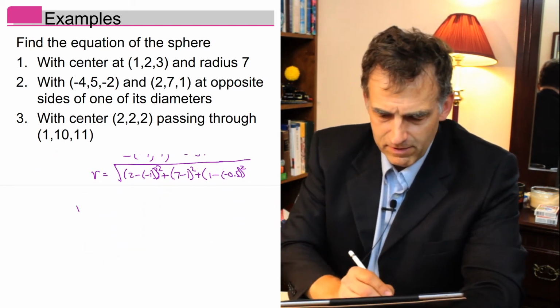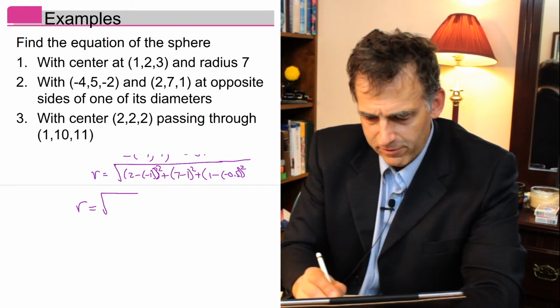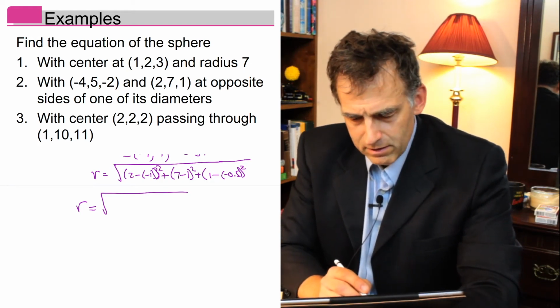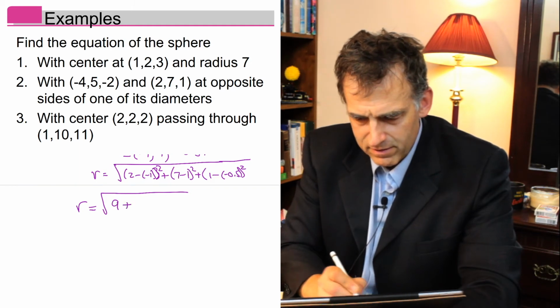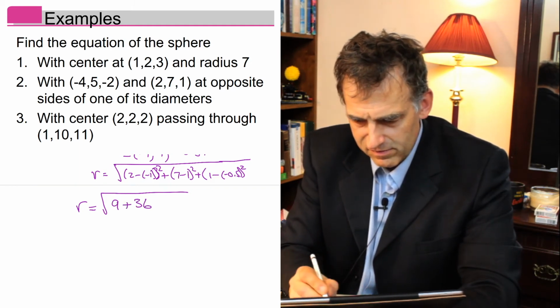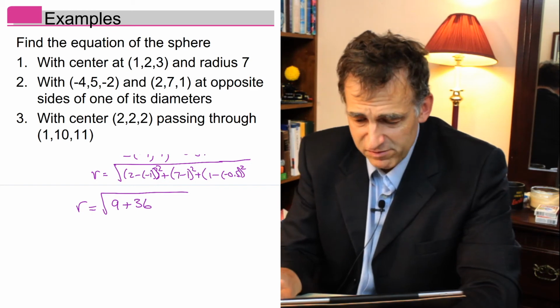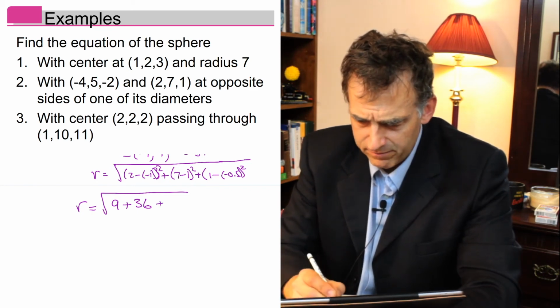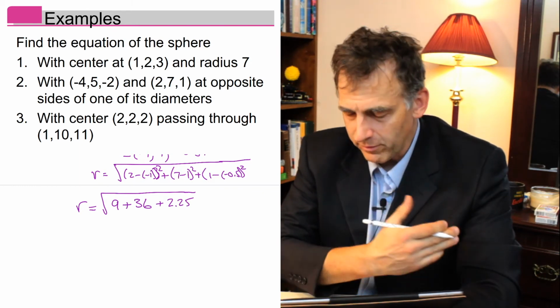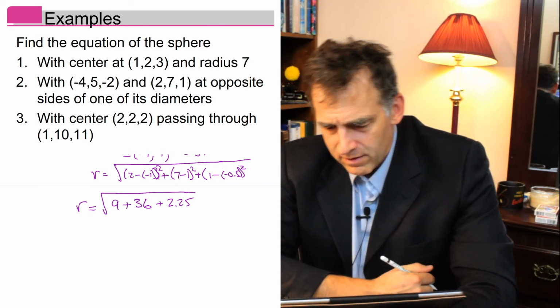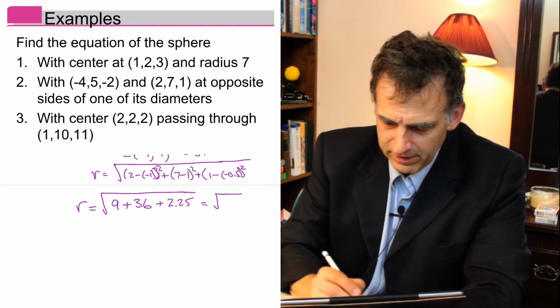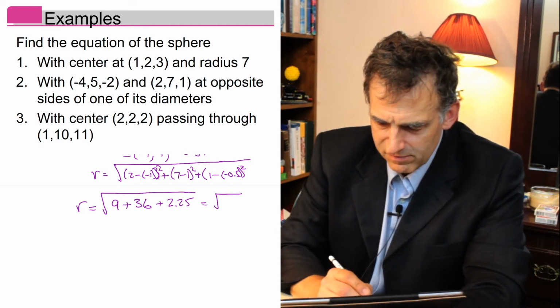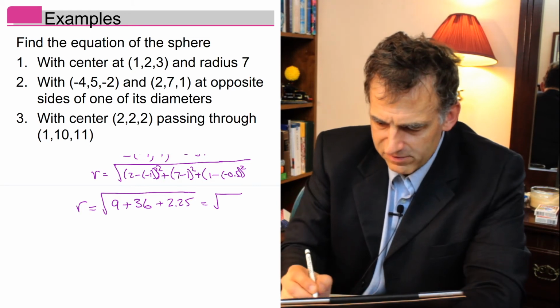The radius is not that pretty. 3 squared is 9, 6 squared is 36, and 1.5 squared is 2.25. Yes, I think that's right. So my total is going to be the square root of 47.25.